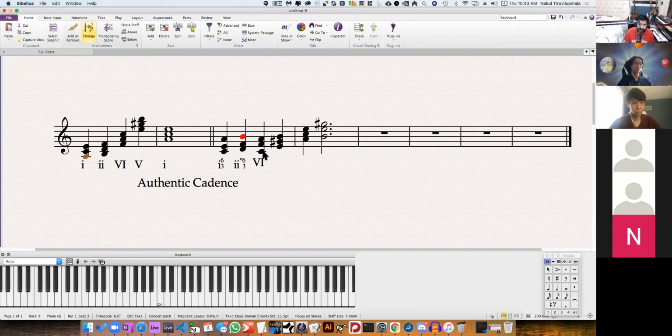What is the outside interval? 1, 2, 3, 4, 5, 6. 6, good. And the bottom interval? 4th. Exactly. Okay, we're getting there.